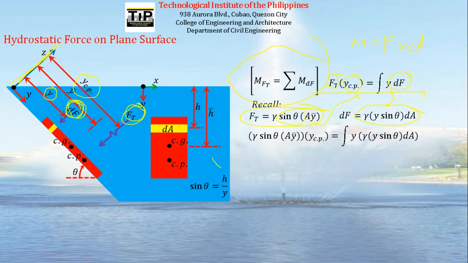Okay. So we have gamma sine theta times area times y bar, yon, F sub t, times y sub Cp equals integral of gamma, so ito yung gamma, y sine theta dA. Okay? So meron pa tayo ditong y, ito yun. Right? So we just substituted this dF here.